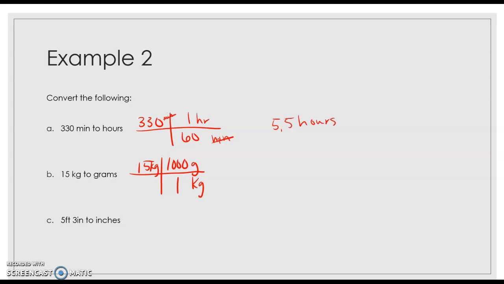I guess I didn't explain that with the first one. But basically, we multiply across the top. If we had more, we'd multiply across the top, multiply across the bottom, and then divide. But since these two are right next to each other, I'm going to end up doing 15 times 1,000. My kilogram units disappear, and so I end up with 15,000 grams.